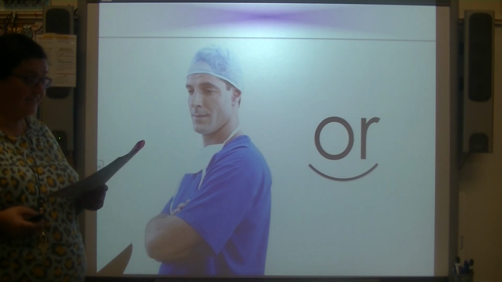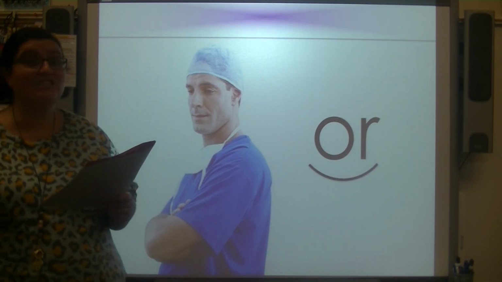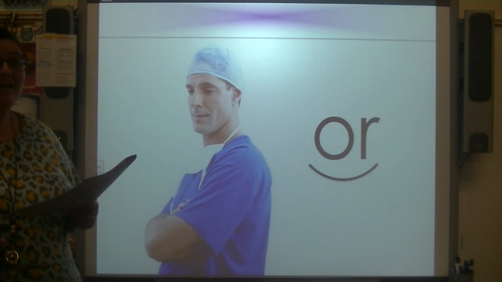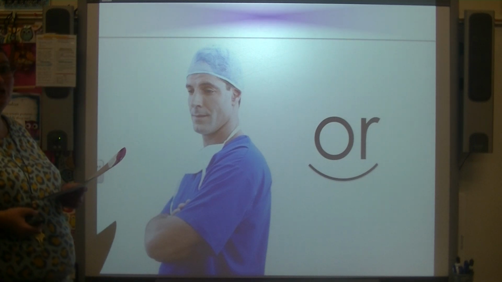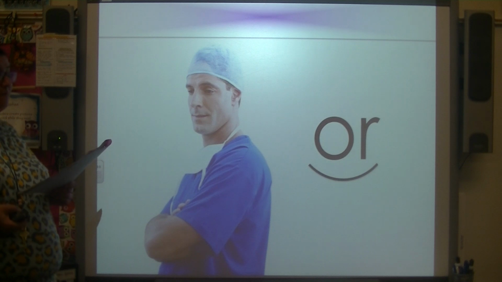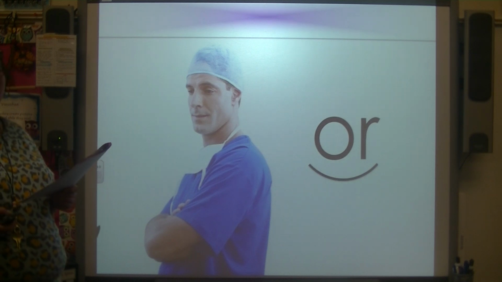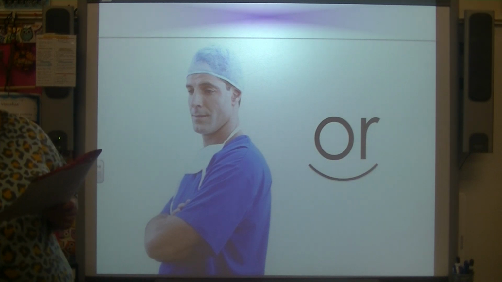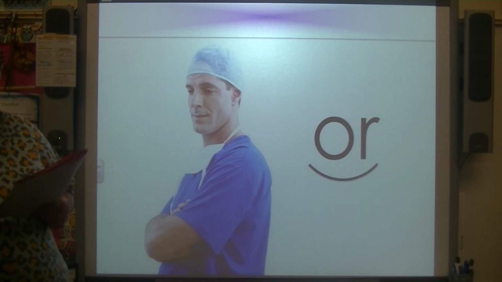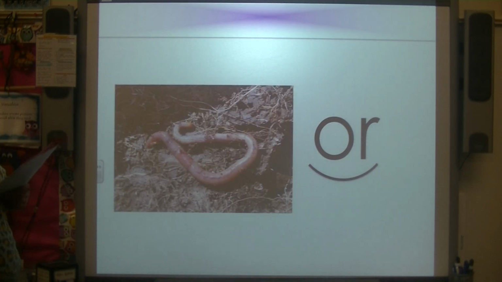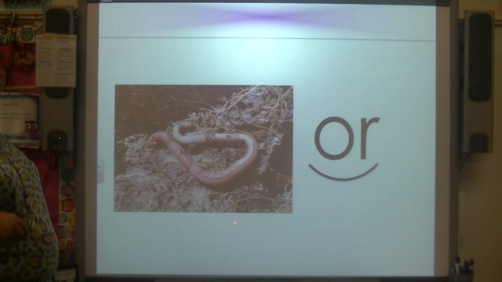All right, the next one is the bossy W sound. This is something that lives in the ground. You may use this as bait for fishing. What is it? A worm. My turn.